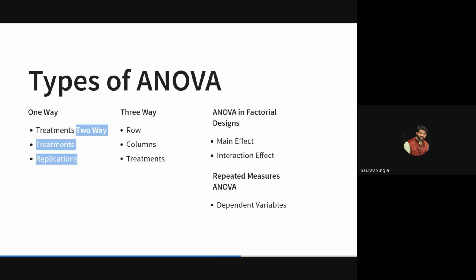So what is CRD? Its full form is completely randomized design. In a completely randomized design, you have greater control over the error, over the inputs that you provide to the experimental units. For example, you have a lab setup.